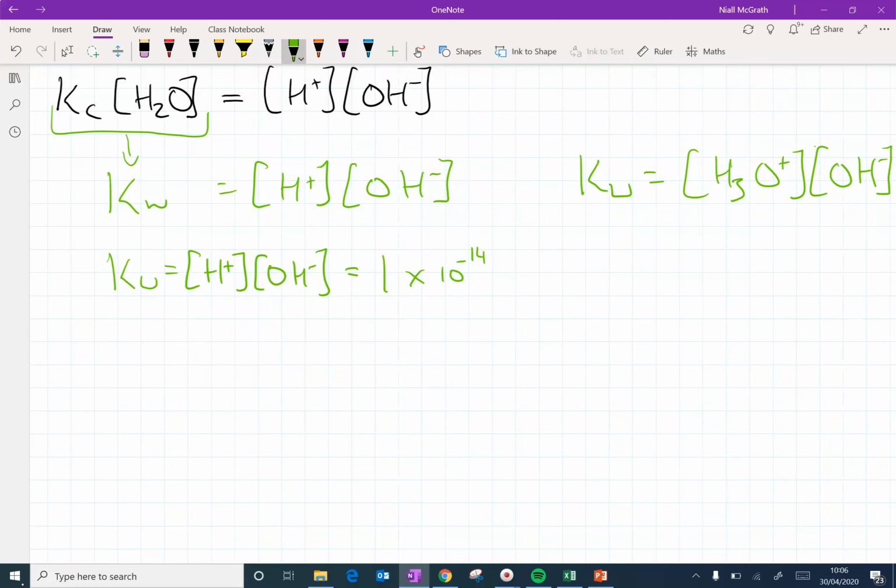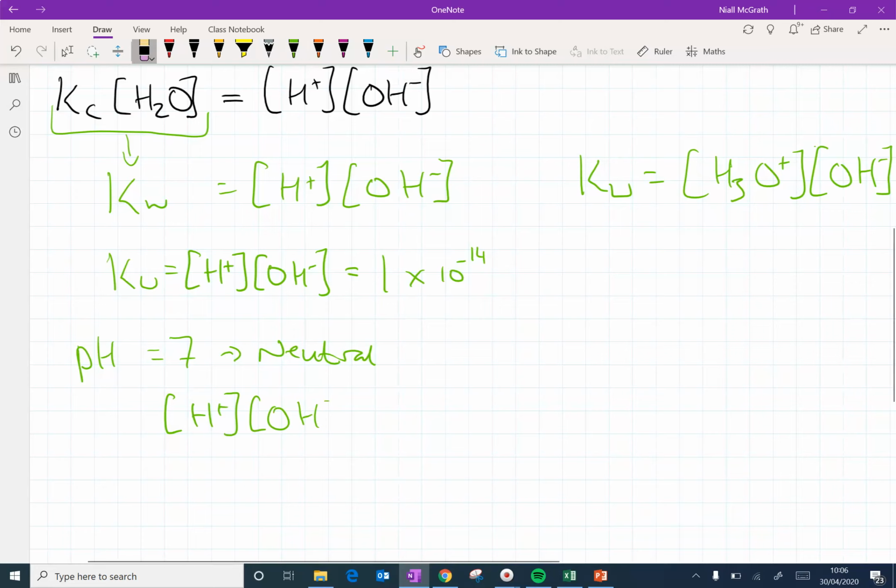When water is neutral, so a pH of 7, the concentration of H plus and OH minus are equal. If you have an equal amount of H plus and OH minus, you have a pH of 7, a neutral solution. We know water is usually a pH of 7, or neutral.